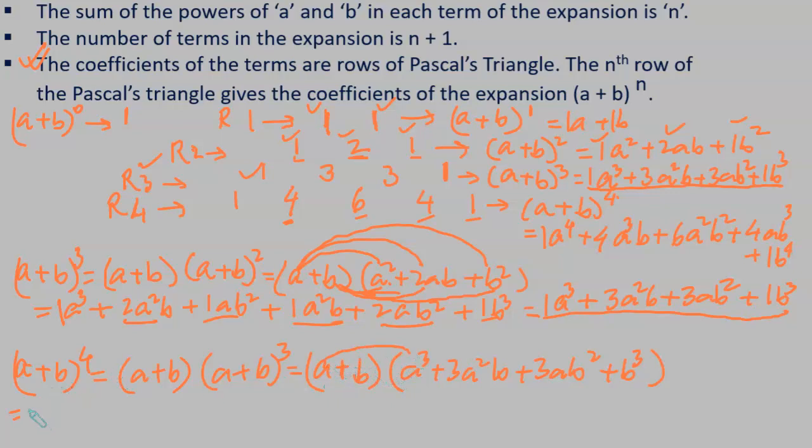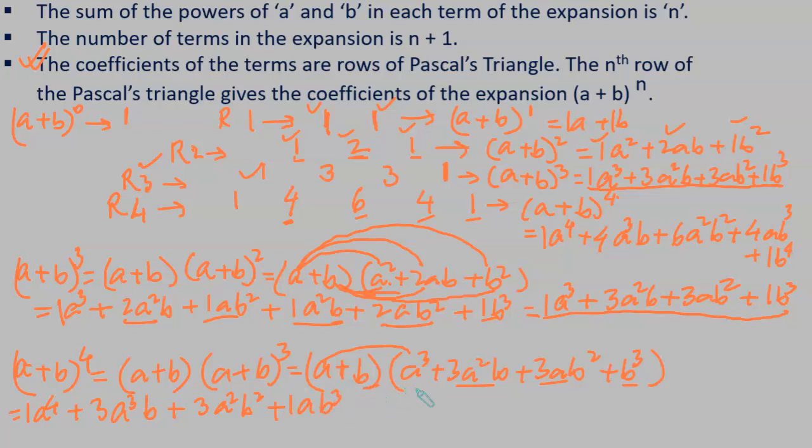A times a cube is 1a to the power of 4. A times 3a square b is plus 3a cube b, plus a times 3ab square is 3a square b square, and a times b cube is plus 1ab cube.